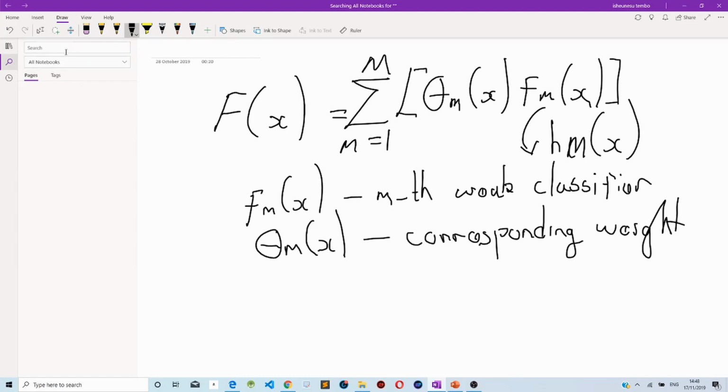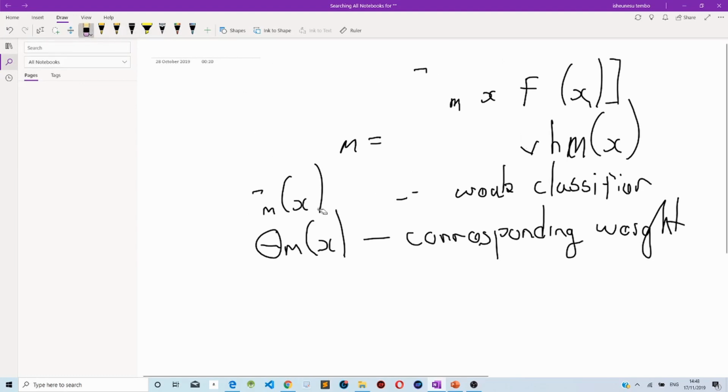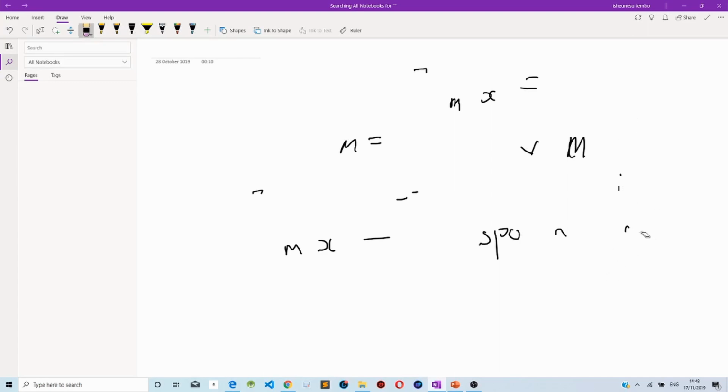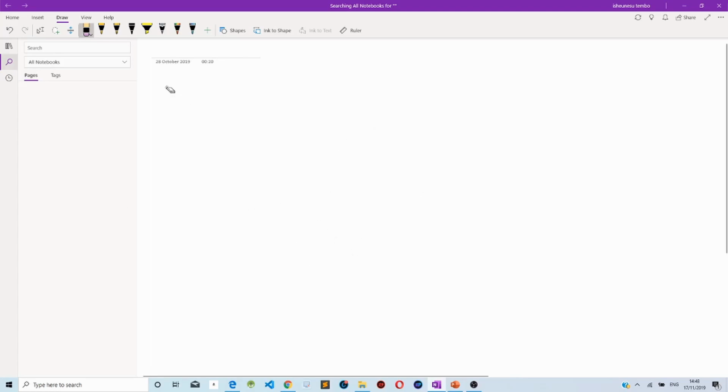Let's say we are given a data set containing n points.